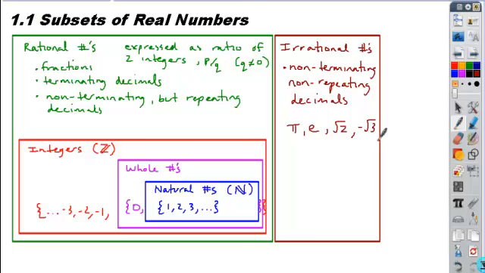So you guys have probably seen this kind of problem before. Remember, all of these are included in real numbers, so all of these fall into the category of real numbers.